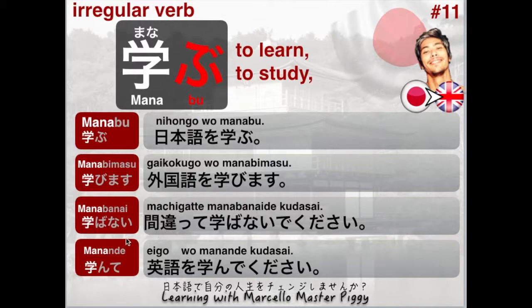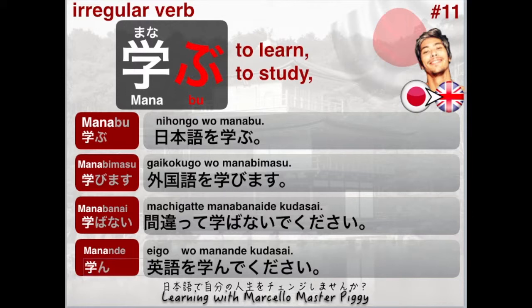And the last one, guys, is the te-kei, which in this case is manande. Oh, I'm sorry, here we actually need a tenten. Manande, so this is the te, so I need the tenten here. Let me see if I can correct this.